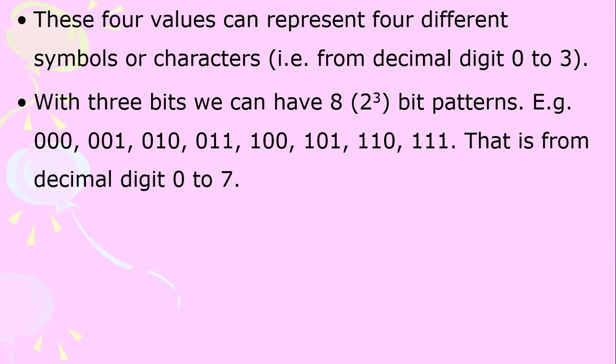Then 001 for decimal digit 1, 010 for decimal digit 2, 011 for decimal digit 3, 100 for decimal digit 4, 101 for decimal digit 5, 110 for decimal digit 6, and 111 for decimal digit 7.